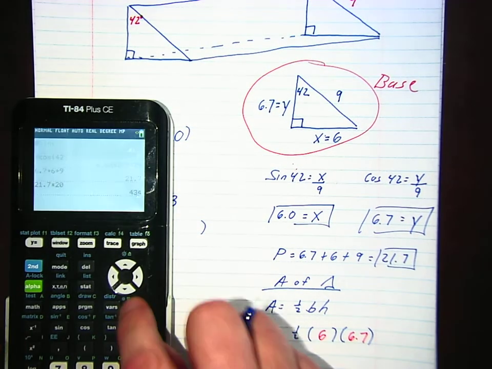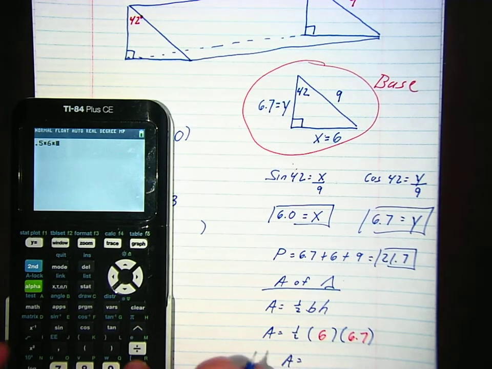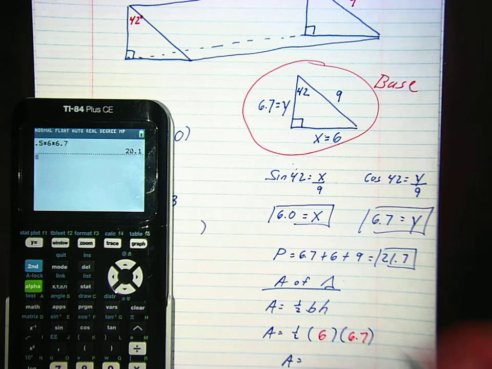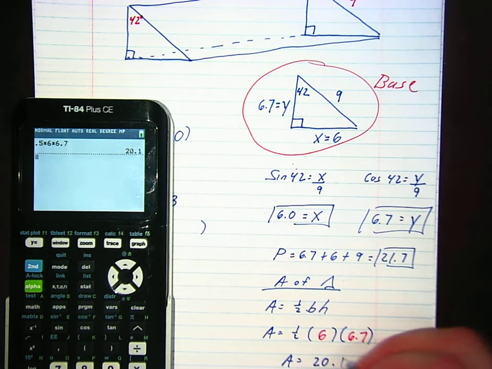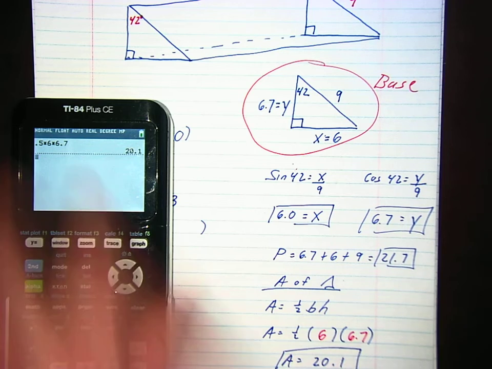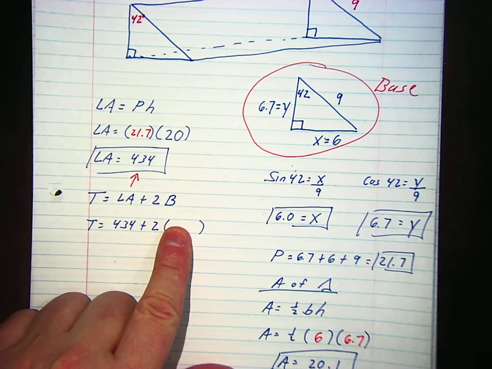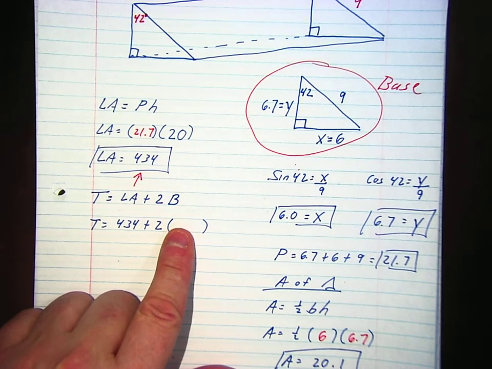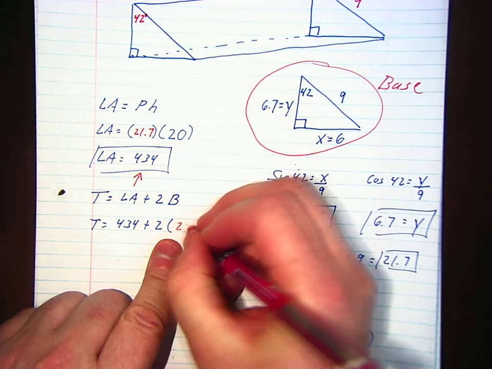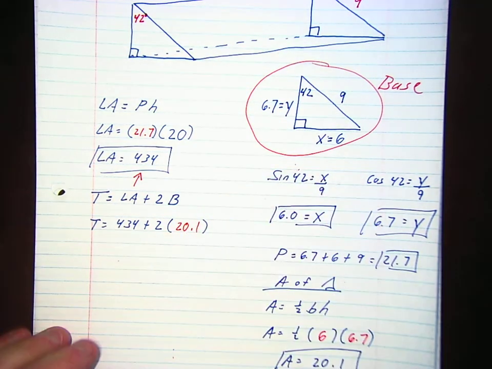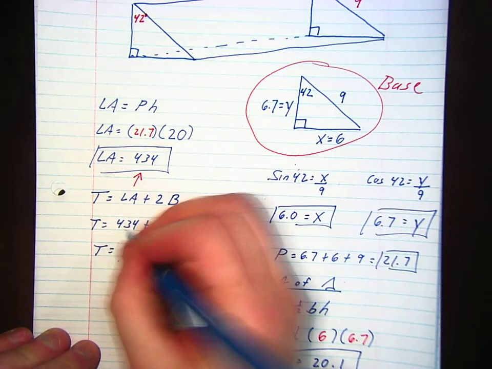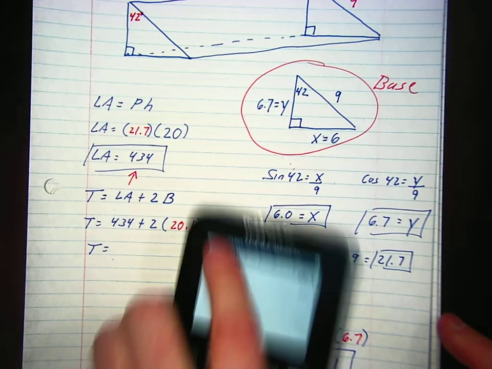We got 0.5 times 6 times 6.7, 20.1. So that's your big B. That's the area of your base, which goes right here. So 20.1. And now you're going to double that and add it to 434.